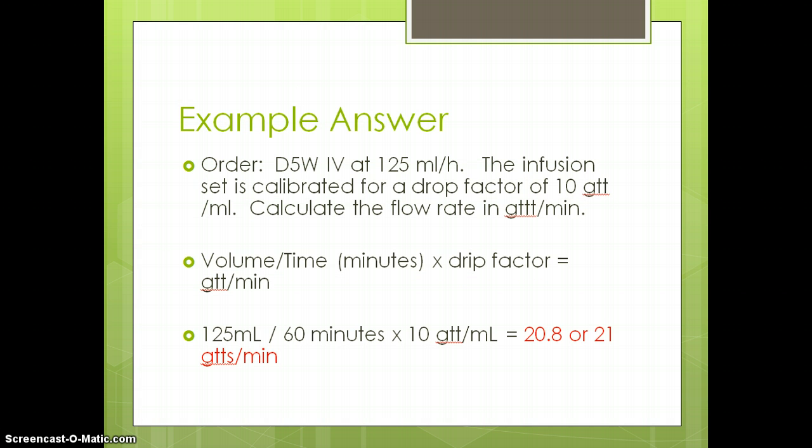So 125 milliliters divided by 60 minutes times 10, which is the drip factor, is going to equal 20.8 or 21 drips per minute. Remember, you can't have a partial drip. So on your test and in real life, the answer you will give me is not going to be 20.8 drips per minute. It will be 21 drips per minute.